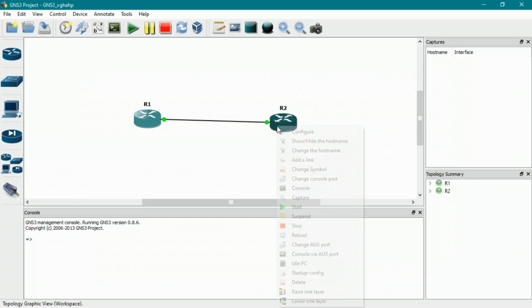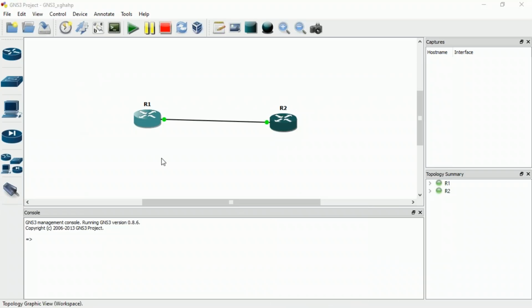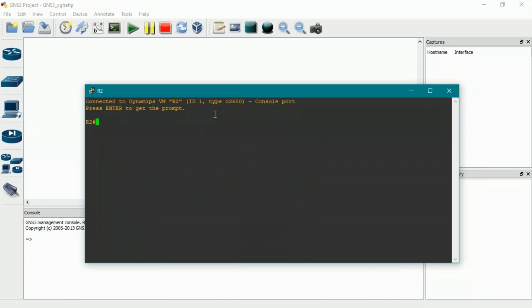I do the same configuration for router 2 also by taking its console.